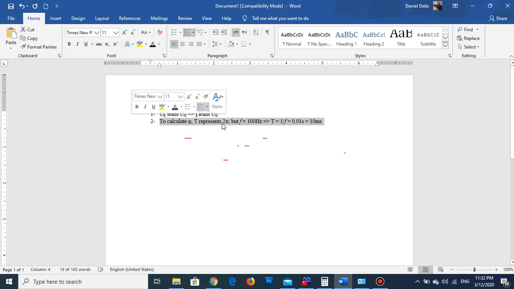So T represents 2 pi, but f equals 100 Hertz and T equals 1 over f, so it is 1 over 100, which is 0.01 second, or 10 milliseconds. This is the period. Thus, since the period is 10 milliseconds, this means that 10 milliseconds represents 2 pi radians for sure.